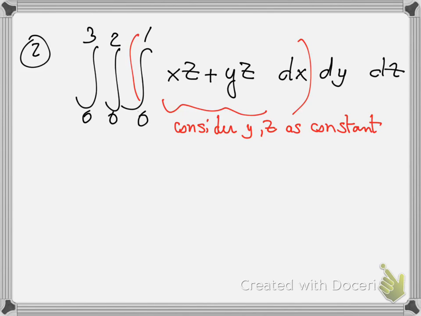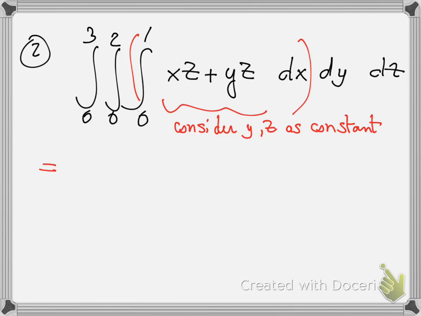If this function is continuous, and you interchange the order of integration, do we get the same integral? The answer is yes. So you can extend the Fubini theorem to triple integrals. But anyway, let's do this here. You consider y and z as a constant.